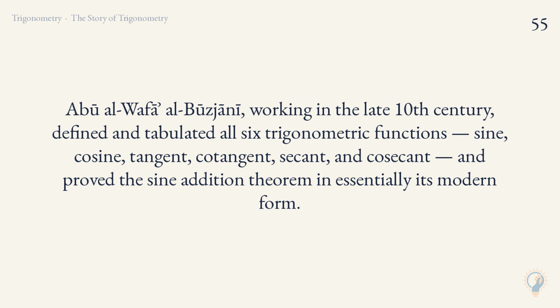Abu al-Wafa al-Buzjani, working in the late 10th century, defined and tabulated all 6 trigonometric functions: sine, cosine, tangent, cotangent, secant, and cosecant, and proved the sine addition theorem in essentially its modern form.